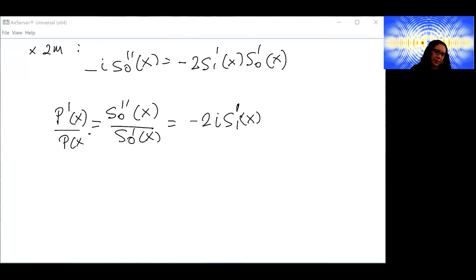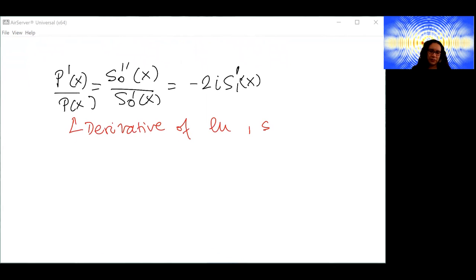this is the derivative of the natural logarithm, so that we integrate left hand side, right hand side, right?